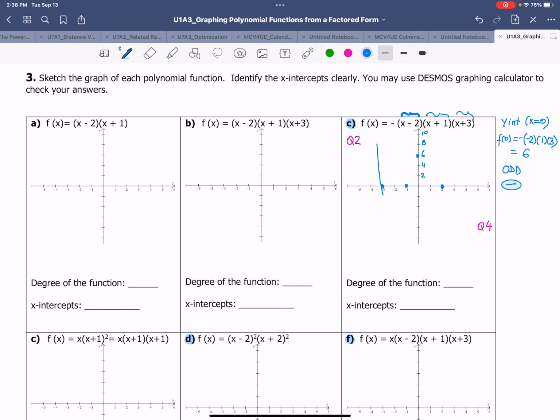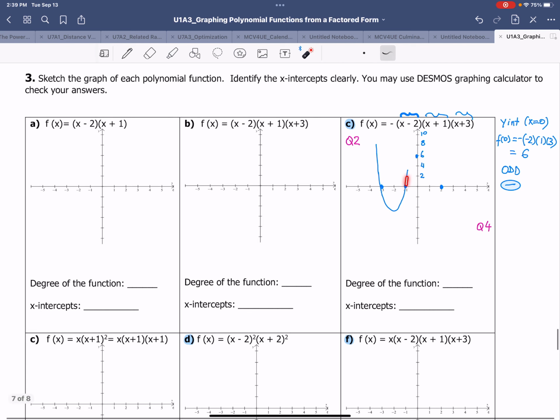And obviously we need to go and meet this x-intercept, which means we need to make a turn somewhere. We're going to get through the x-axis because, again, it's a first order root. And we are going to go ahead, go up, and remember that we need to meet the graph right here at x equals 2, which means we need to make a turn. Now, there are various ways to sketch the graph.